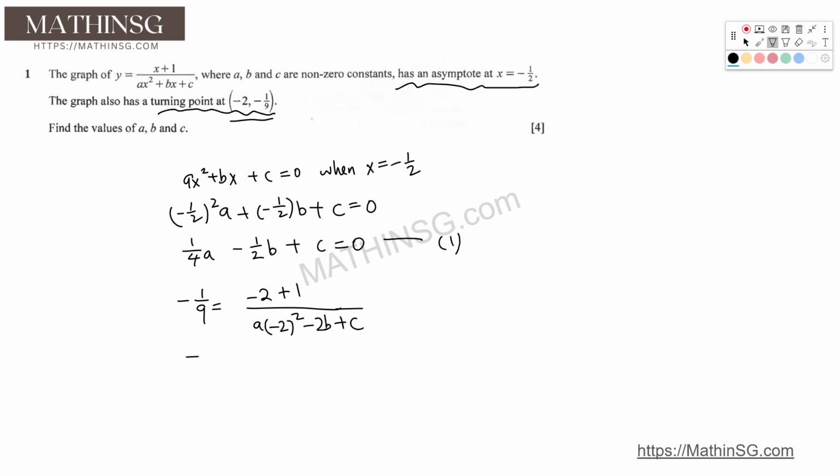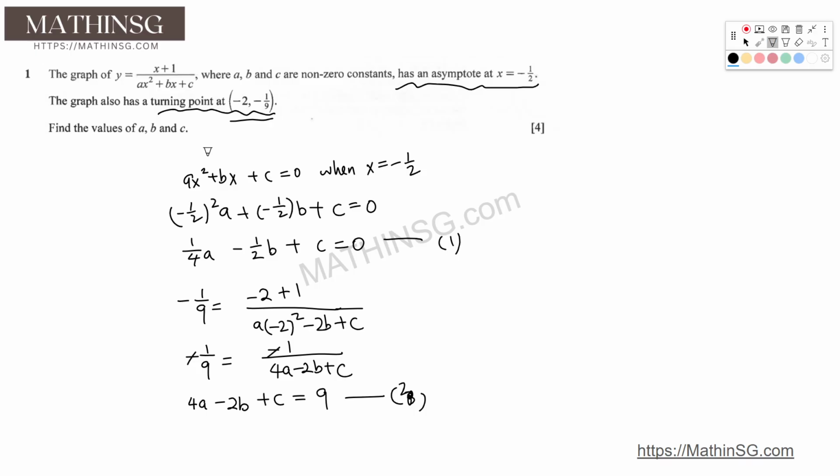So I know that 4a minus 2b plus c equals to 9. Because both sides have negative, I can cancel it. Then the numerator is both equals to 1, so the denominator equals the denominator. Sorry, this is my second equation.